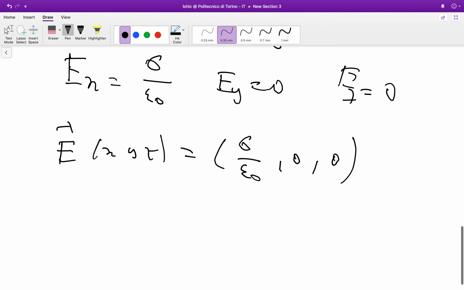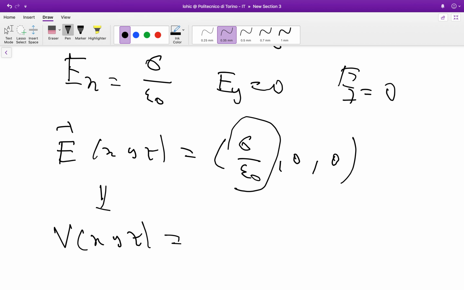So if you want to find the potential, if I give you this, the potential at every point x, y, z will simply be the integral of this stuff.